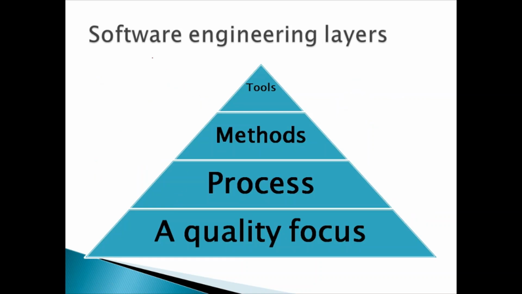Now, if we talk about software engineering in terms of layers, you can see at the bottom, we have a quality focus. Next one is process, methods, and tools. So software engineering is a layered technology.